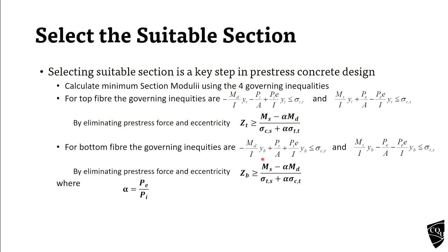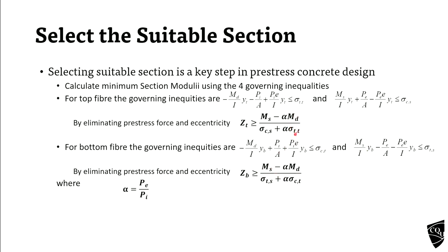Similarly, you can do it for the bottom fiber. For the bottom fiber, multiply these inequalities by alpha, then add this one and this one, and you will get this one.